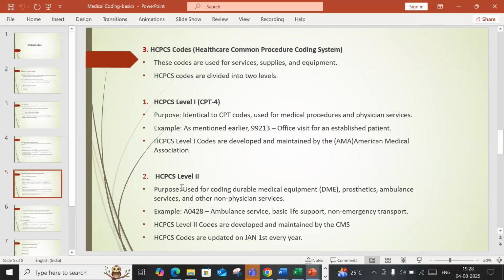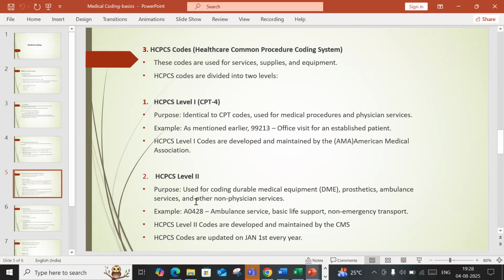And coming to HCPCS level 2, here we are reporting codes for durable medical equipment, prosthetics, ambulance services, and other non-physician services. For example, one patient is admitted into the hospital where he is taking saline.